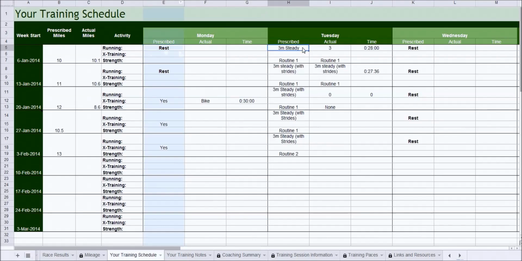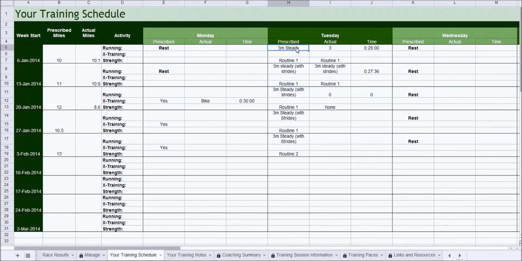Then on the 7th of January, which is a Tuesday, we're asking him to do a 3-mile steady run, and also to do the strength training prescribed in strength training routine 1, which would again be prescribed by the coach. The following week, we can see that we've added some strides to John's schedule, and again we're asking him to do strength training routine number 1.